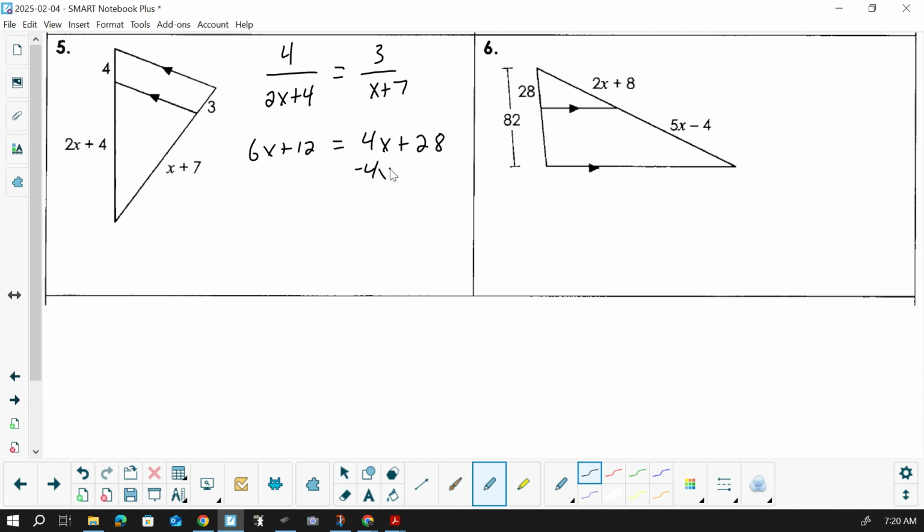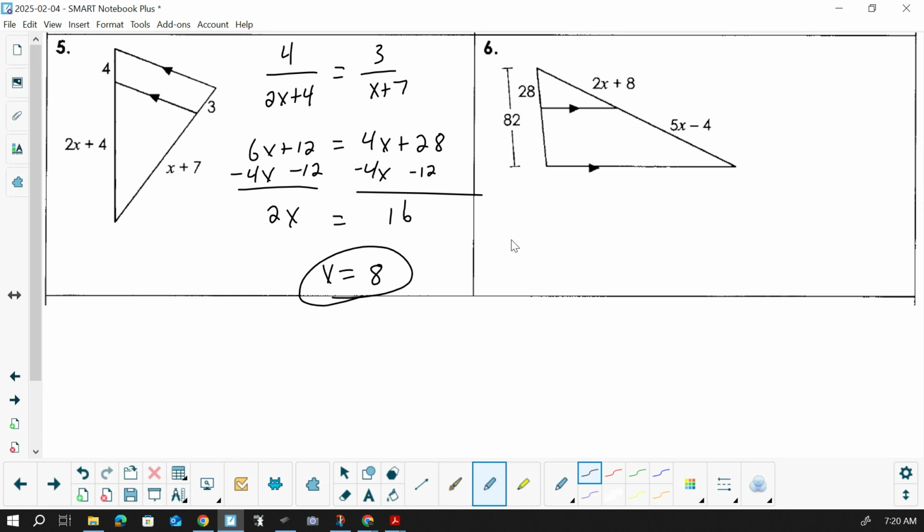And subtract our 4x. And subtract that 12. That's going to be 2x equals 28 minus 12 would be 16. Divide by 2, x is 8.